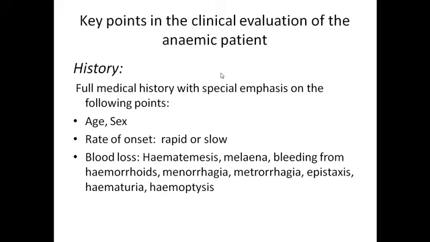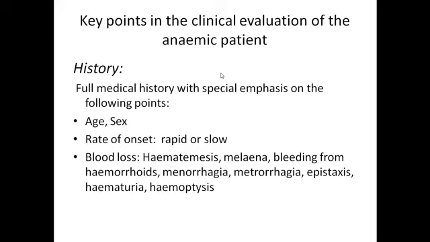Key points. What are the key points when you evaluate a patient of anemia? The examiner will ask, even in a long case or on your board examination, or when he gives you data, what history points you will take from an anemic patient.